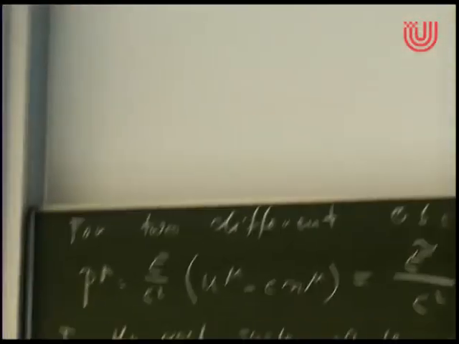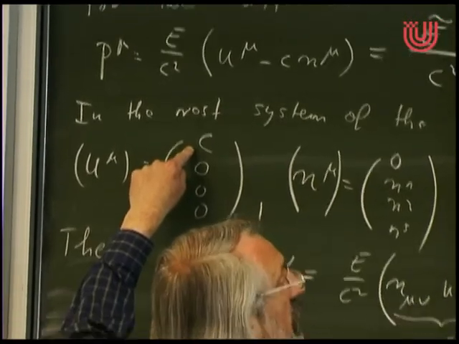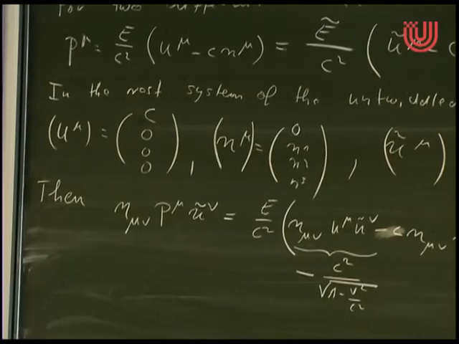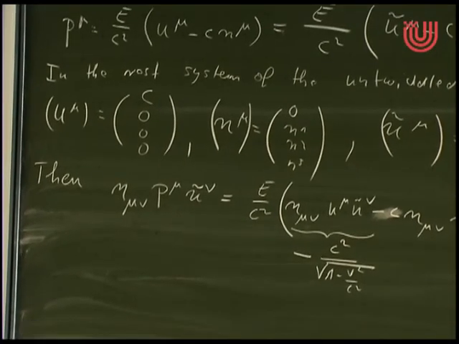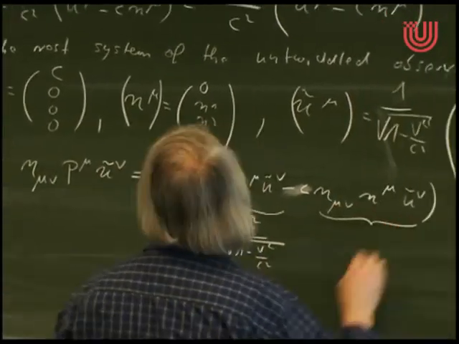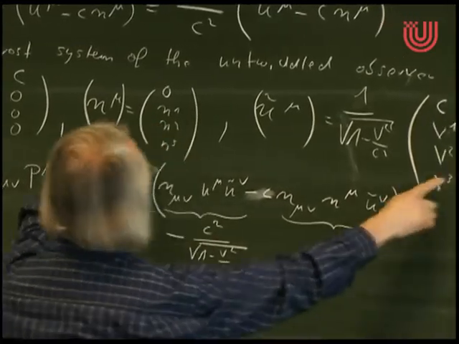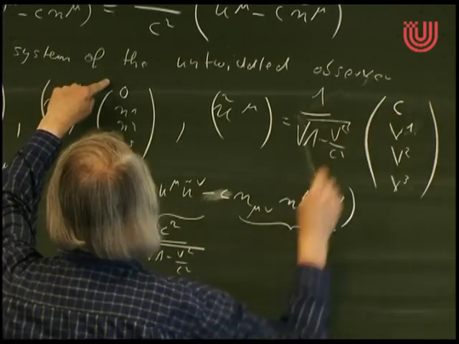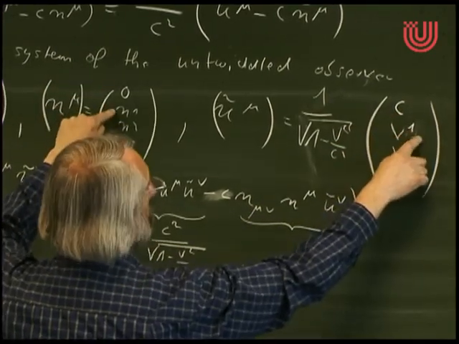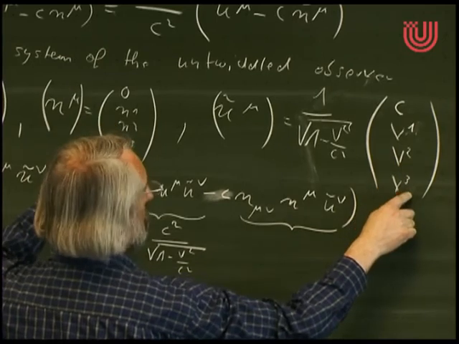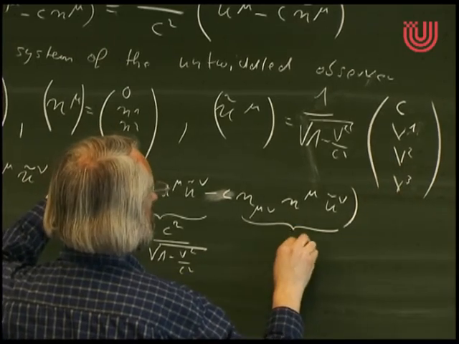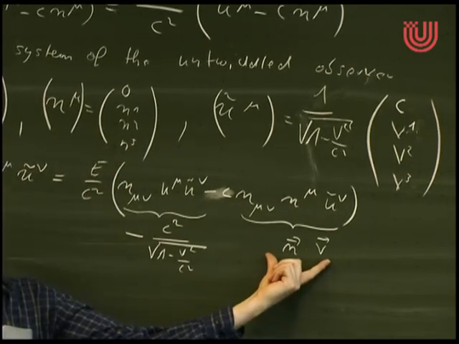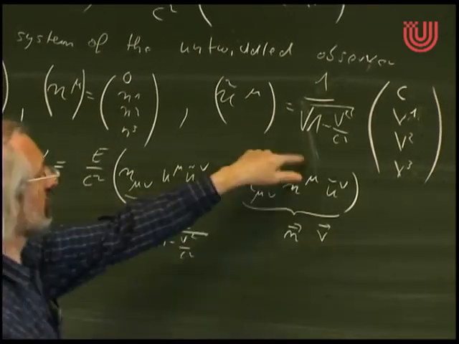And then I have to multiply these two things together. So this gives c² over the root of 1 minus v² over c². And for this, I have to take the product with respect to η of these two things. So I get a 0 in the first component. And then I get n1 v1, n2 v2, and n3 v3, and this square root.